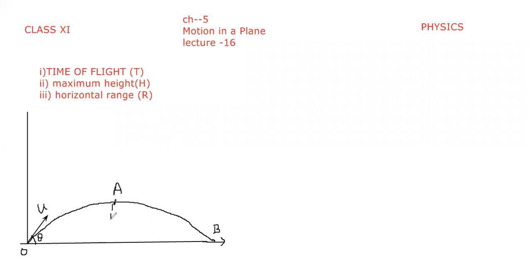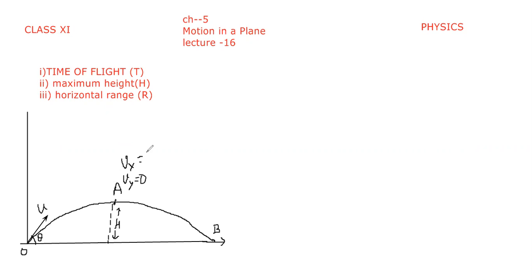So what is the displacement? That is capital H, the maximum height. At the highest point, vertical velocity Vy equals 0, and Vx equals u cos theta.